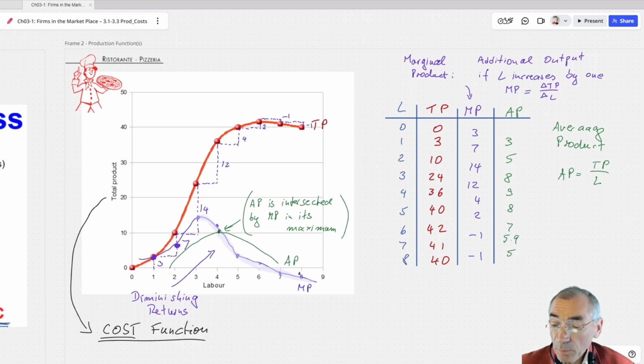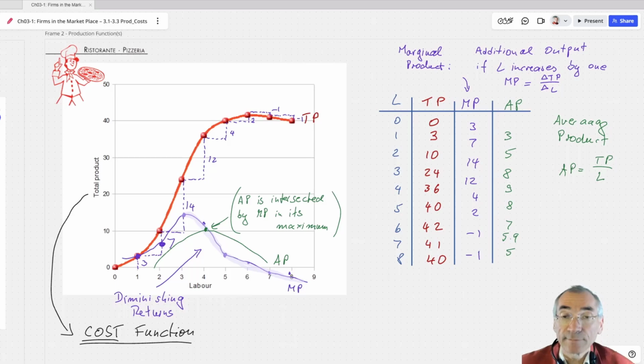When we think about this graph here, we have total product, the number of pizzas, and the number of employees, but there's sort of no money in here. How can we enter monetary terms? Because if we want to deal with costs, we have to say, okay, what does it cost?